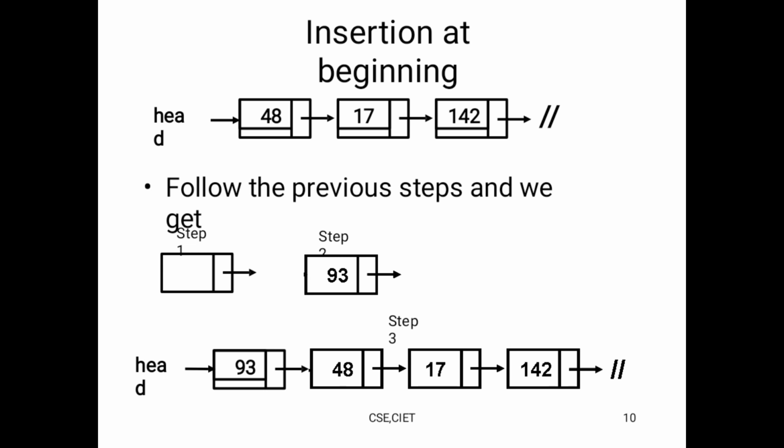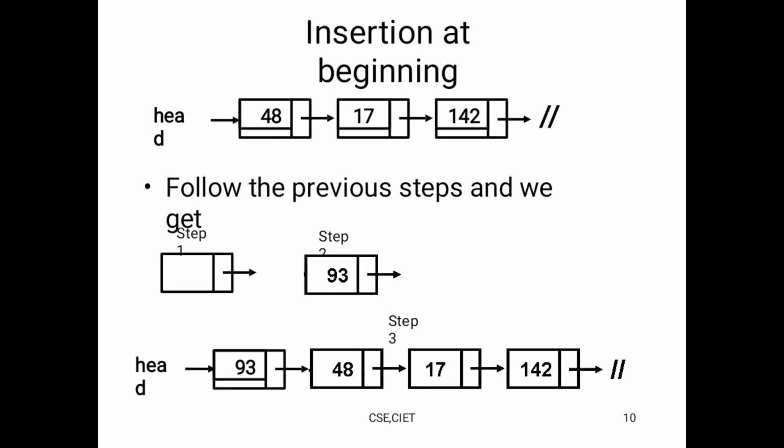I took an example like 48, 70 and 142. These are the 3 elements, and 48 is the header and 142 is the end of the list. In the next field I am storing -1, which means the end of the list.